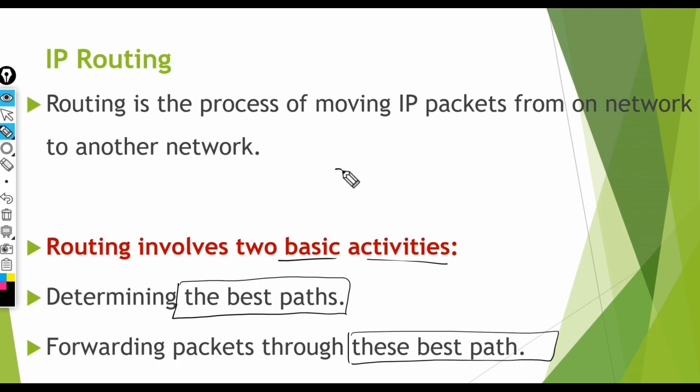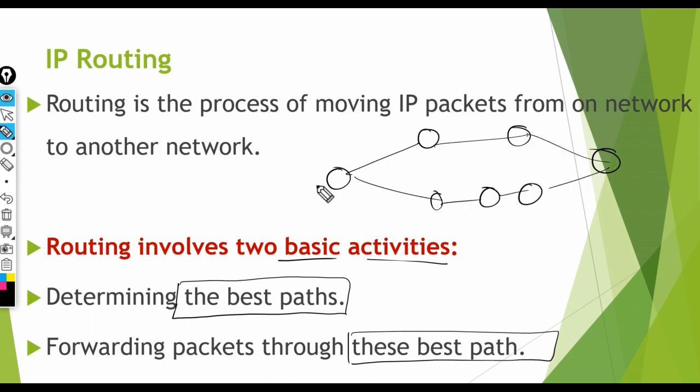For example, this is your router, and another router like this. Consider the connectivity is like this. Maybe this is a PC and this is a PC here. Now let's say you want to communicate from this source to this destination. You have two paths. You can go via this, or you can go via this also.